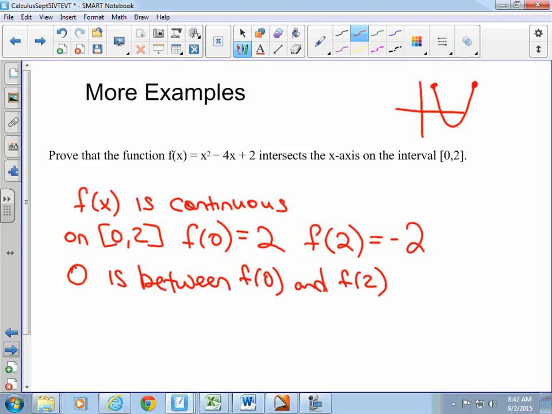Have I met all of the conditions of the intermediate value theorem? All the condition parts, I haven't finished. I've met all the conditions, right?